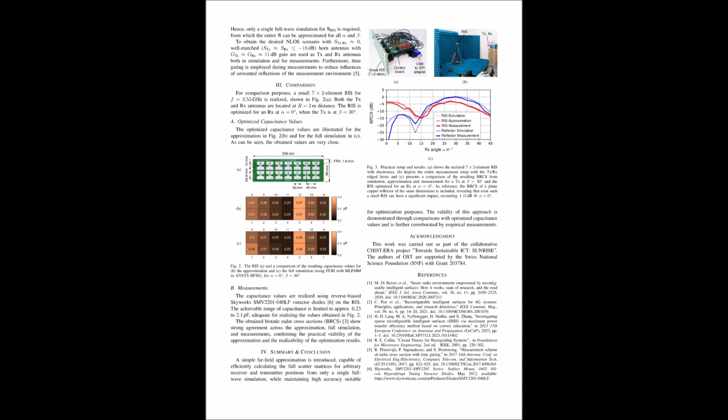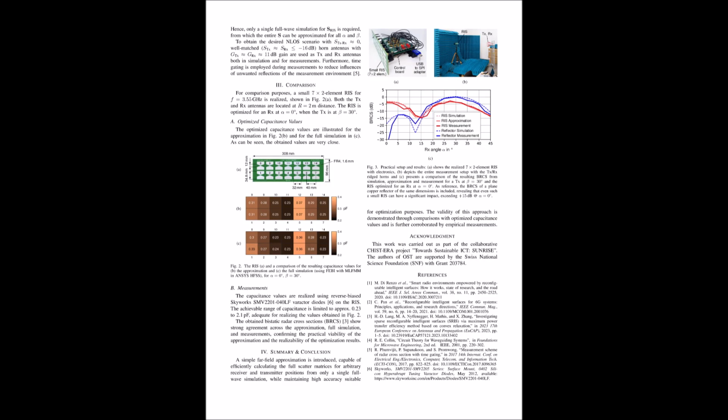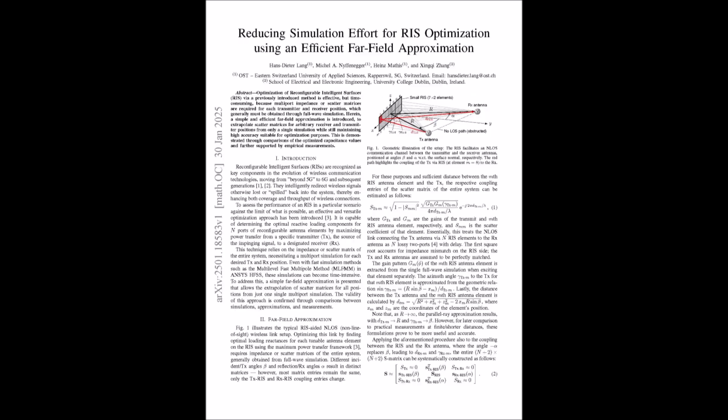Interesting. And how does this scattering matrix tie back into that far-field approximation we were talking about? It all comes down to the fact that because we've simplified the wave propagation by assuming plane waves, we can now express the scattering matrix in this really compact form. It's a lot easier to work with computationally.